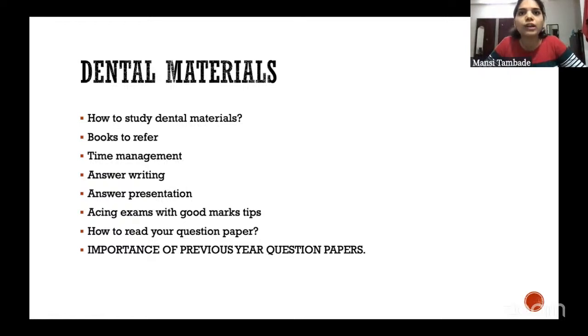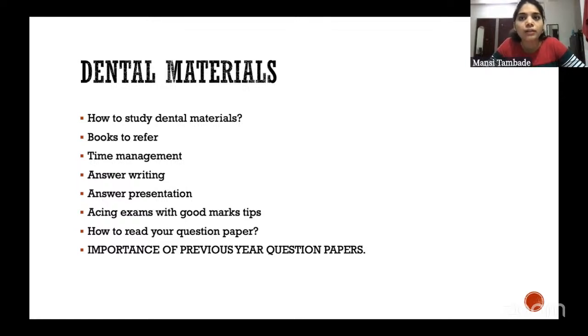But what I feel as a person, and what helped me to gain good marks, as I was a university topper during my time, the strategy I used while choosing my books was that I preferably decided to stick to the standard books. So Phillips is one of the standard books that you should definitely refer. Then another book I can suggest is Subbarao.